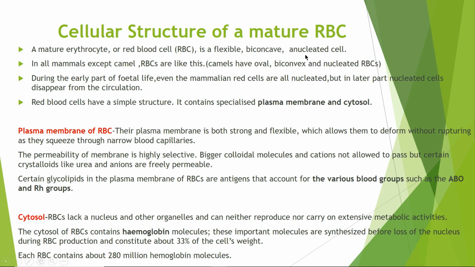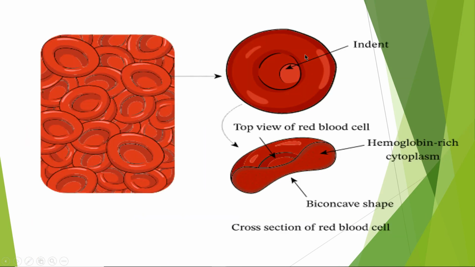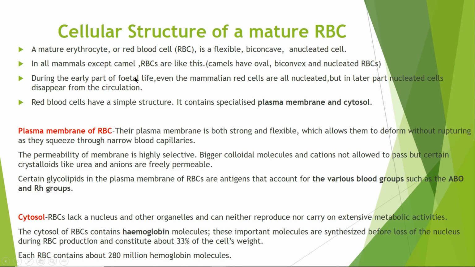So in the previous structure, you can see that due to this indented shape in the middle, it has this biconcave structure. In all the mammals except camel, RBCs are like this. So camels have oval, biconvex and nucleated RBCs, whereas all other mammals have anucleated, biconcave and flexible, dumbbell shaped RBCs, right?